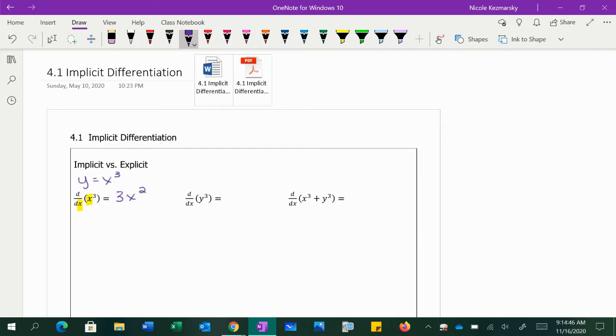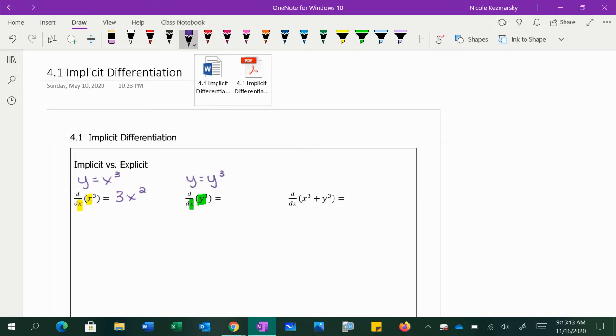In the next example, we might define this by saying y equals y cubed. So we've got y's on both sides of the equation. And when we look at the variable down here in our notation, d dx, it does not match the variable that's in the actual function or in the expression, as it would be here.